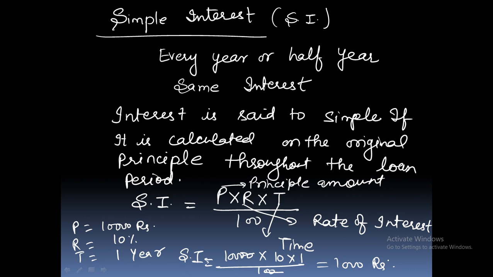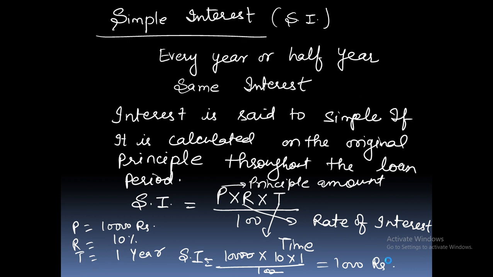When the borrower returns the money to the lender, he will return 10,000 plus 1,000, that means 11,000, and in the 11,000, 1,000 is the simple interest which is given by the borrower to the lender.